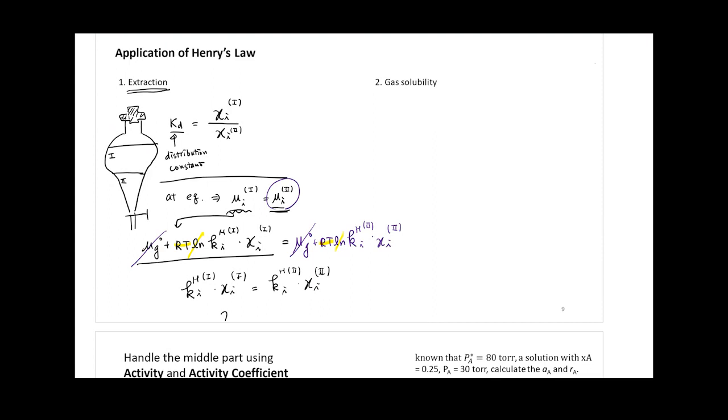Therefore, we know the mole fraction of component I in phase 1 over the mole fraction of component I in phase 2 is going to equal KH I in phase 2 over KH I in phase 1.